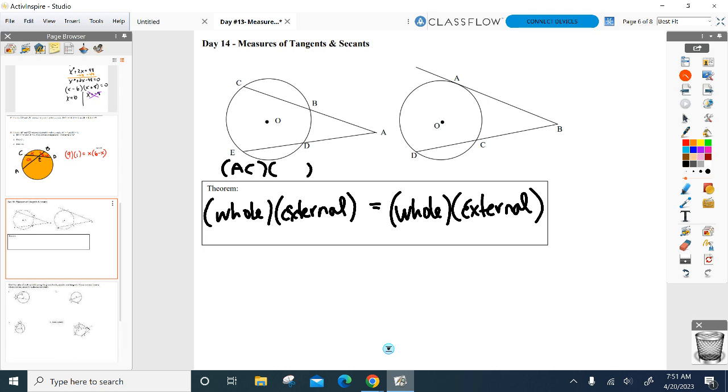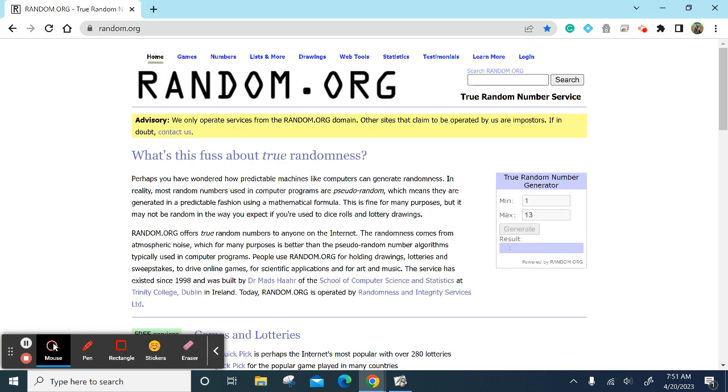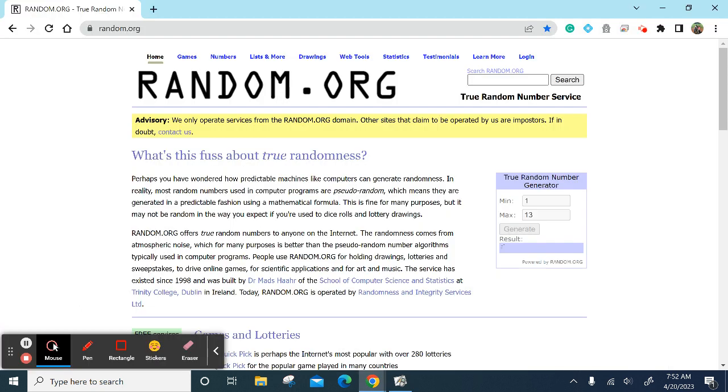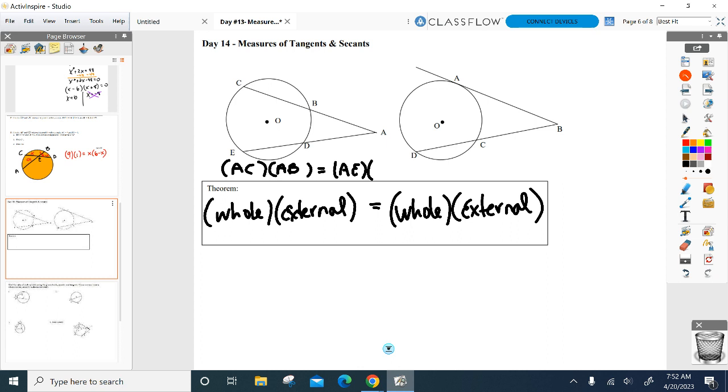Whole secant times the part on the outside, external. AB is the same as, now give me the other whole secant length. AE times the external part, which would be AD. There you go. So that's how I would work this formula. Whole times external equals whole times external.